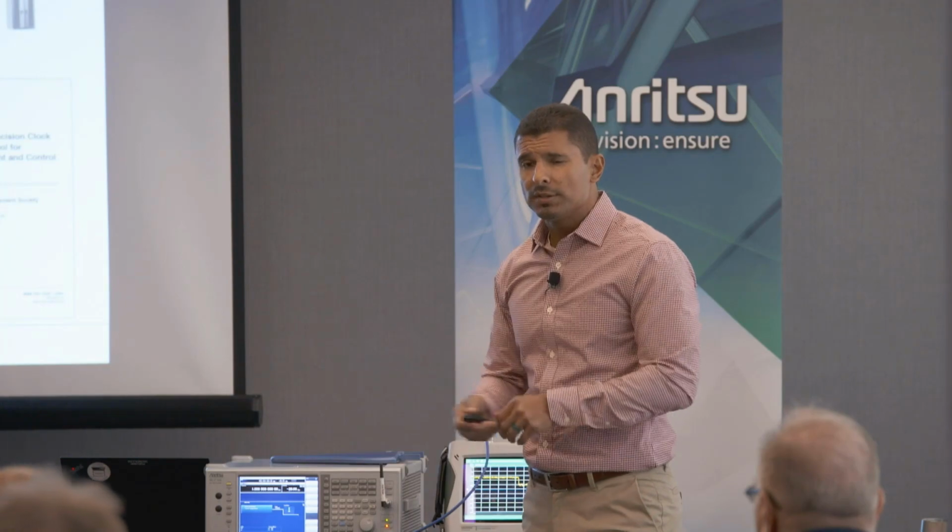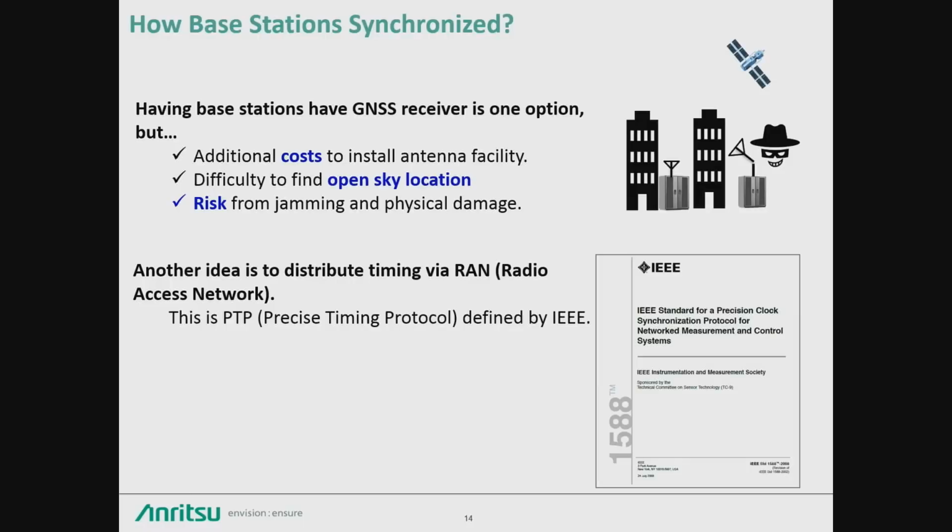All right, I've already shared this slide earlier, but just to quickly rehash. If you have GPS, what's the benefits and the drawbacks of that? Well, the first one is obviously, as long as you have open sky, towers set up or cells set up on top of buildings, clear line of sight, you're in pretty good shape, with the exception of once you lose that line of sight, what happens?